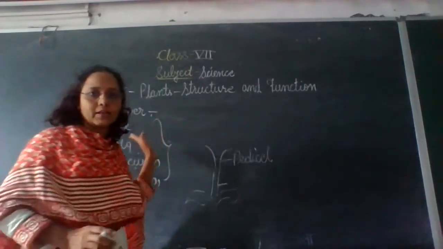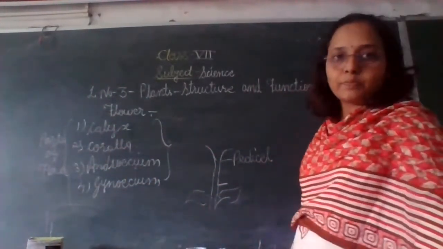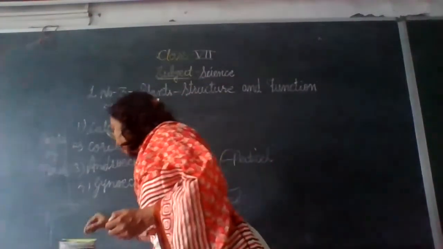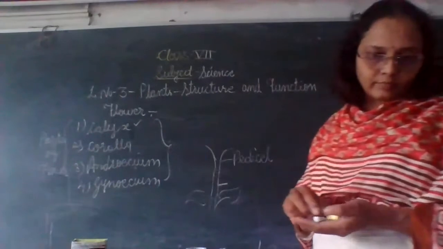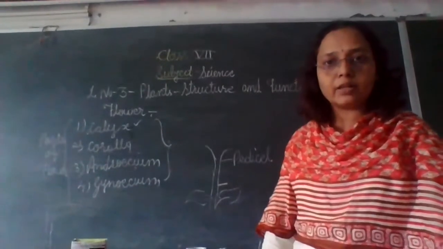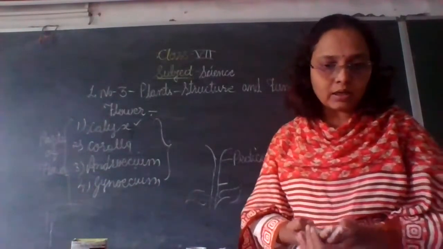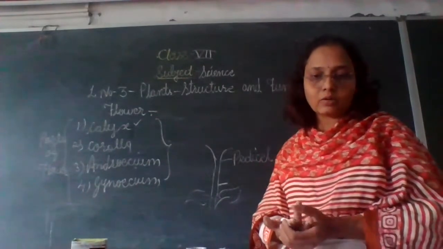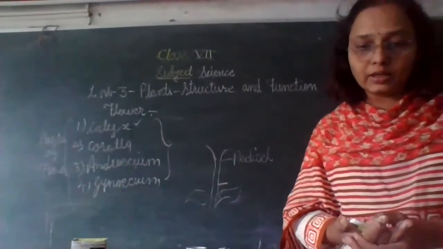Let's see what are calyx, corolla, androecium and gynoecium. The first part of a flower is the calyx. Whenever the flower is in bud condition, the petals are covered by leaf-like parts called sepals, which are usually green in color.